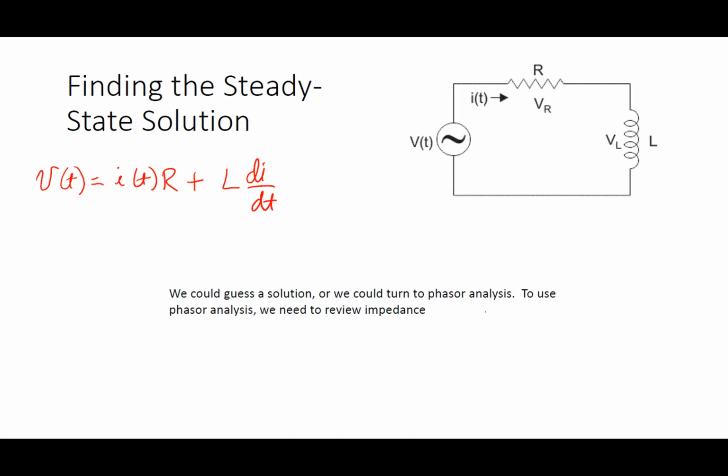So if I wanted to find the steady state solution of a circuit like this, I'd have to go into phasor analysis. If I said to you, find me the steady state solution for this, what would you do? Convert the individual pieces to phasors. What would that end up looking like?